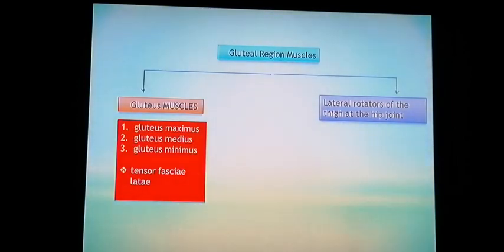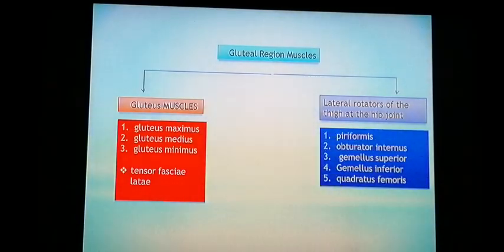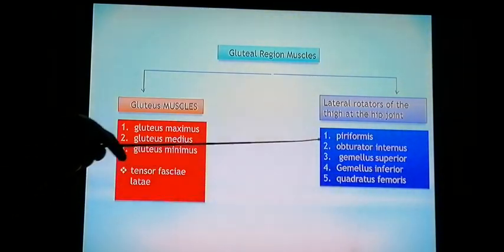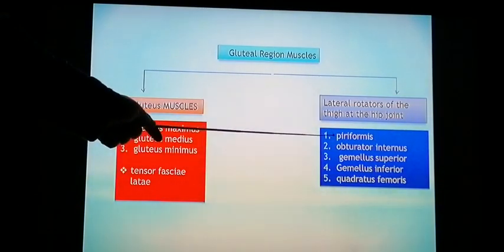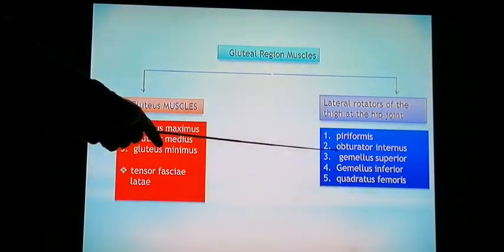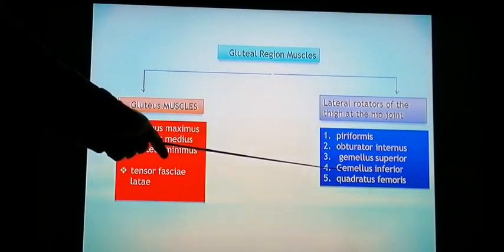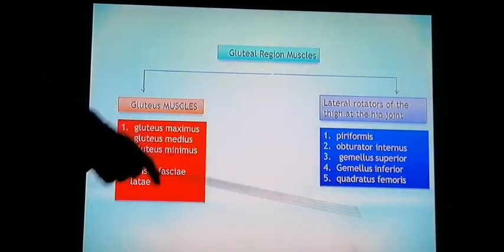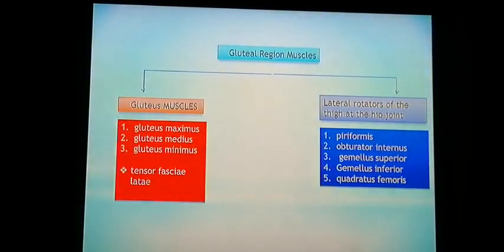The first group contains mainly gluteus maximus, gluteus medius, and gluteus minimus. In addition to these, it contains tensor fascia lata. The second group contains 5 muscles: piriformis, obturator internus, superior and inferior gemellus, and quadratus femoris.